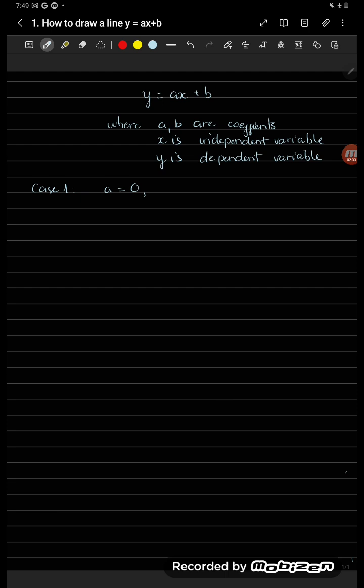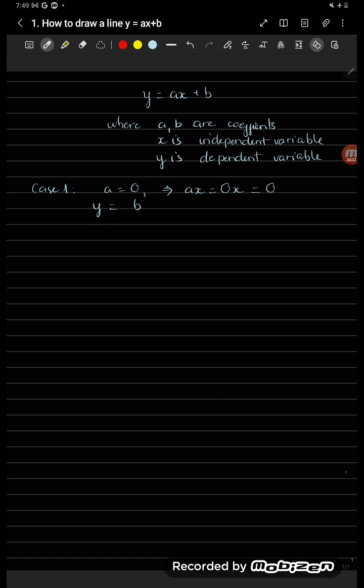If a equal to 0, then ax equal to 0, right? So the equation now is just y equal to b. So how to draw a line y equal to b? y equal to b means that at any point on the line, you always have a y coordinate equal to b. x can be anything, but y is always equal to b.